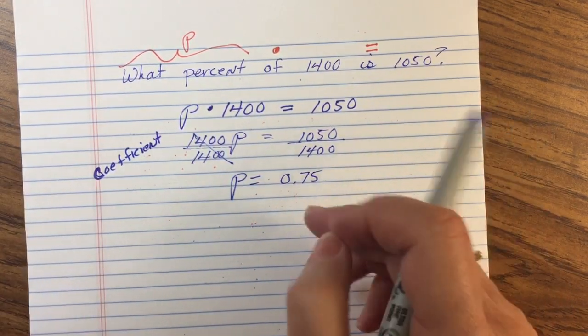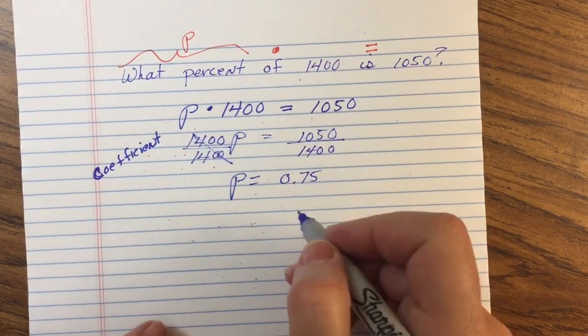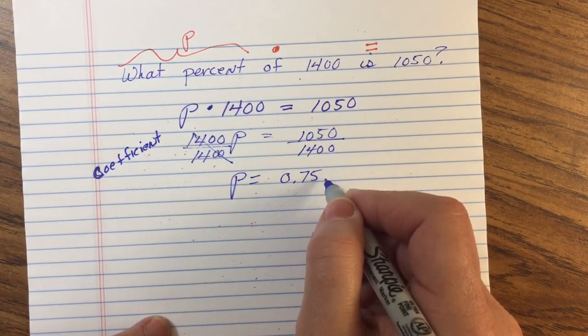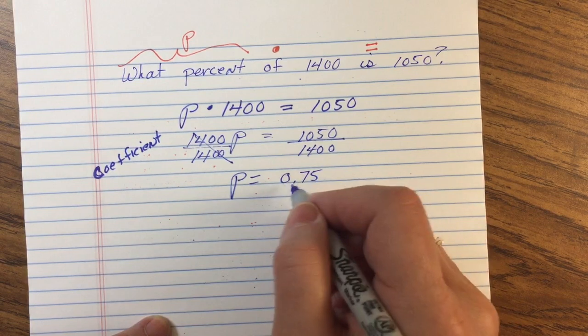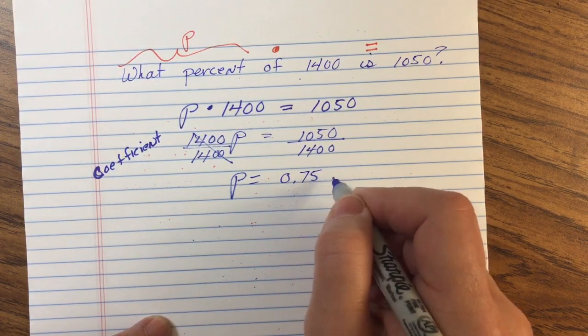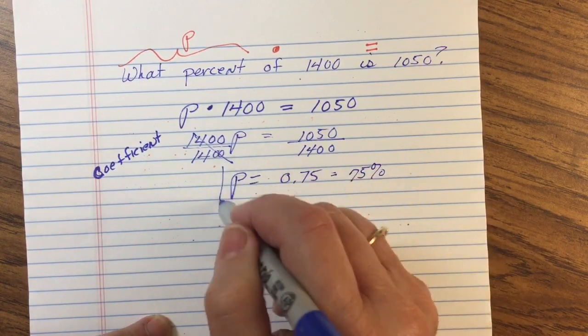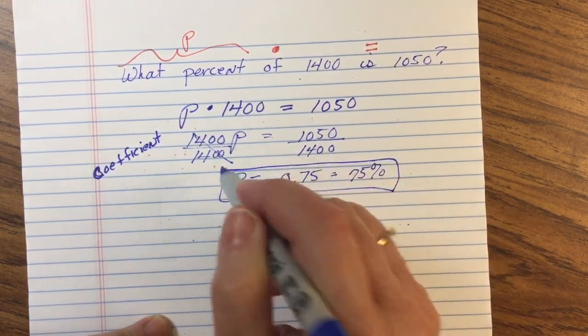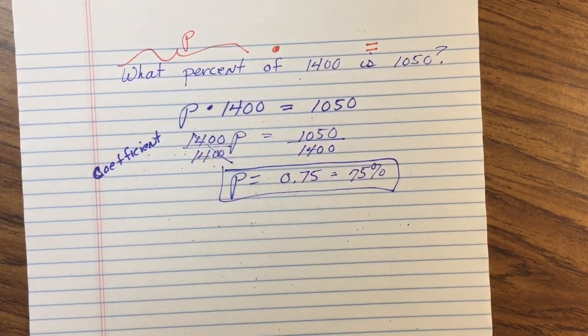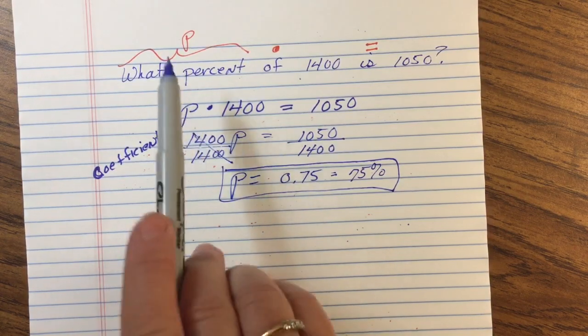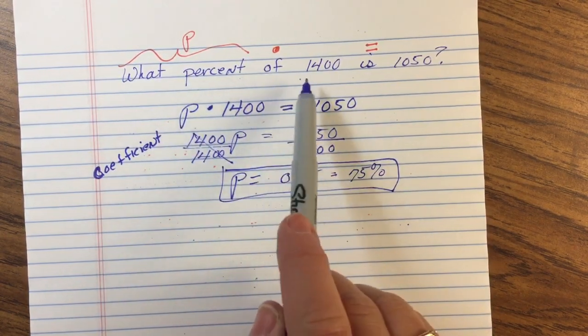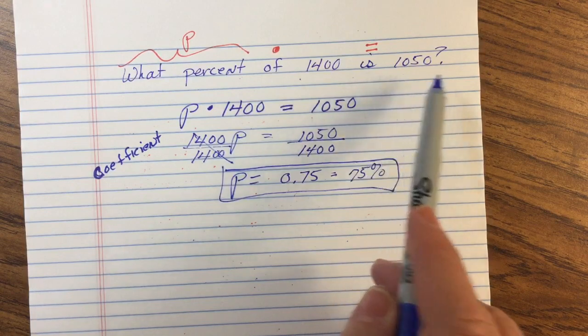We know that to change a decimal to a percent, we multiply it by 100, which is done by moving the decimal point 2 places to the right to get our answer, 75%. So plugging it in verbally into the equation, 75% of 1,400 is 1,050.